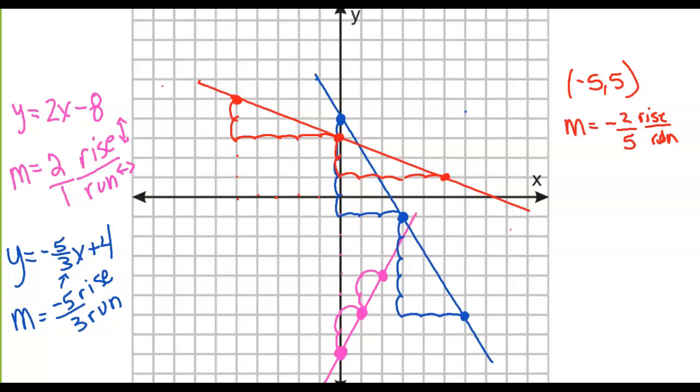Okay. One more example. I want you to try this one on your own. Your ordered pair is 2, 3. Your slope is a positive 2.